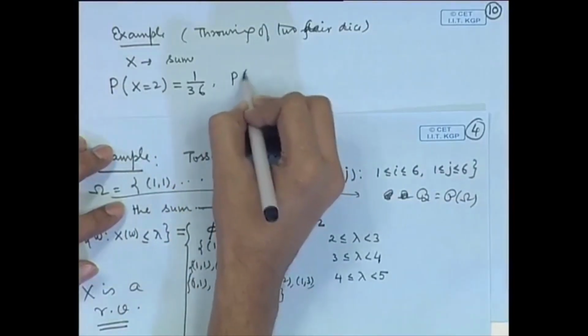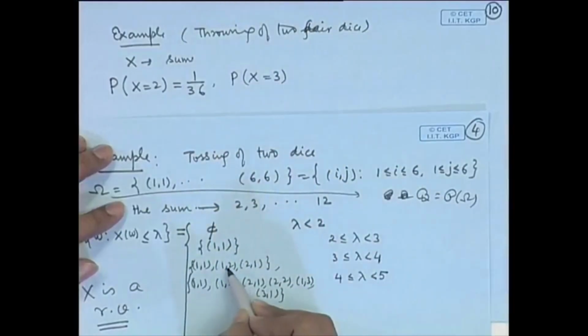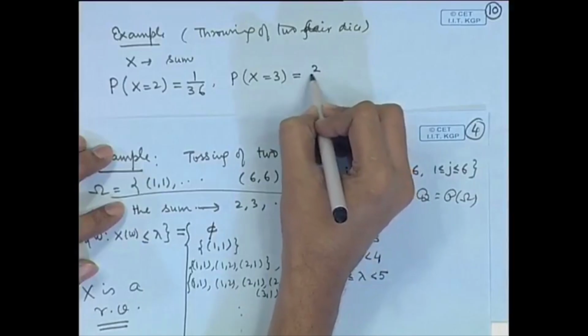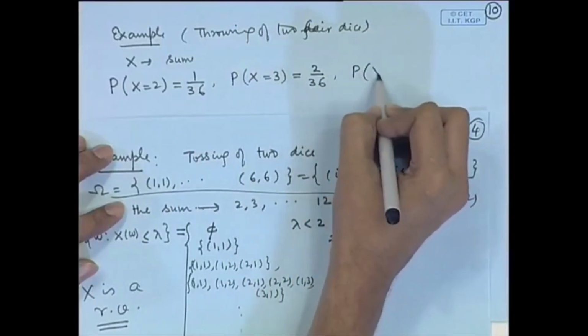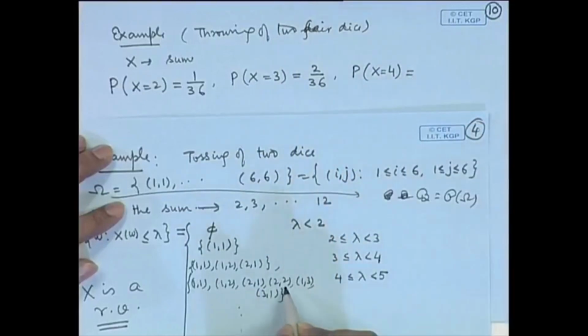If we look at the probability of X equal to 3, there are two outcomes, 1 2 and 2 1, corresponding to the sum being equal to 3. Therefore, the probability that X equal to 3 will be 2 by 36. For X equal to 4, the favorable outcomes are 2 2, 1 3 and 3 1.